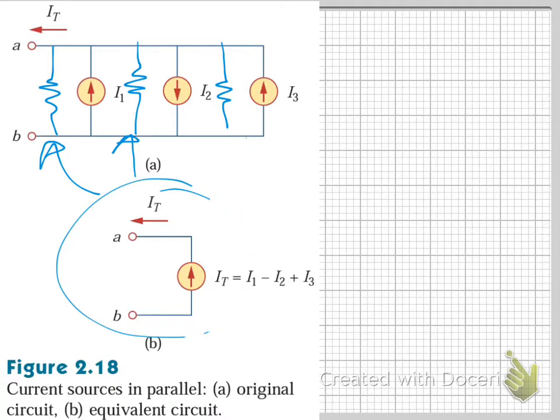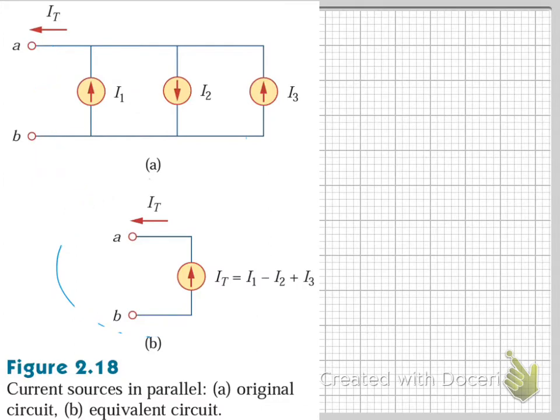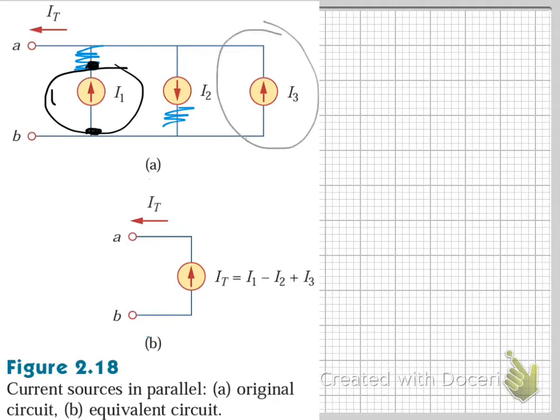What you cannot do this with would be if you had, for example, a resistor here or a resistor there. Now, because this current source has one node there and one node there, it is not in parallel to this second current source, which has one node there and another node there.